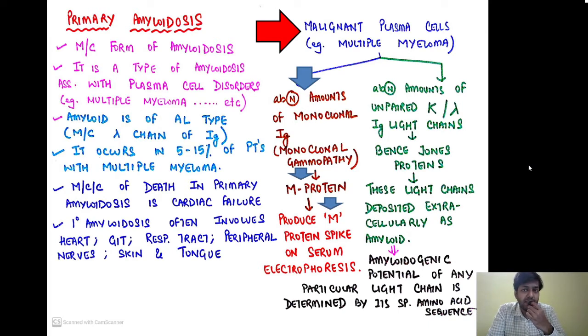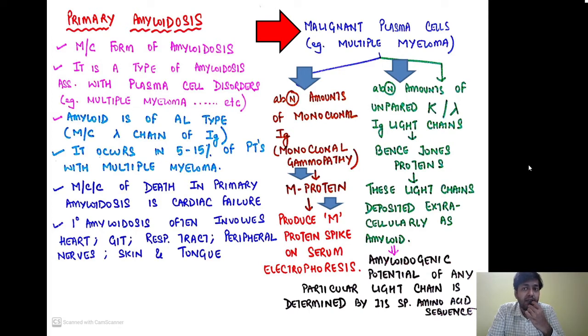Also, these abnormal malignant plasma cells produce abnormal amounts of unpaired kappa or lambda immunoglobulin light chain. If you are wondering what a light chain is, let me clear that up. Any antibody has two parts: one is the heavy chain, one is the light chain. When I use the term monoclonal immunoglobulin, it means they are producing the whole antibody comprising the heavy chain and the light chain.